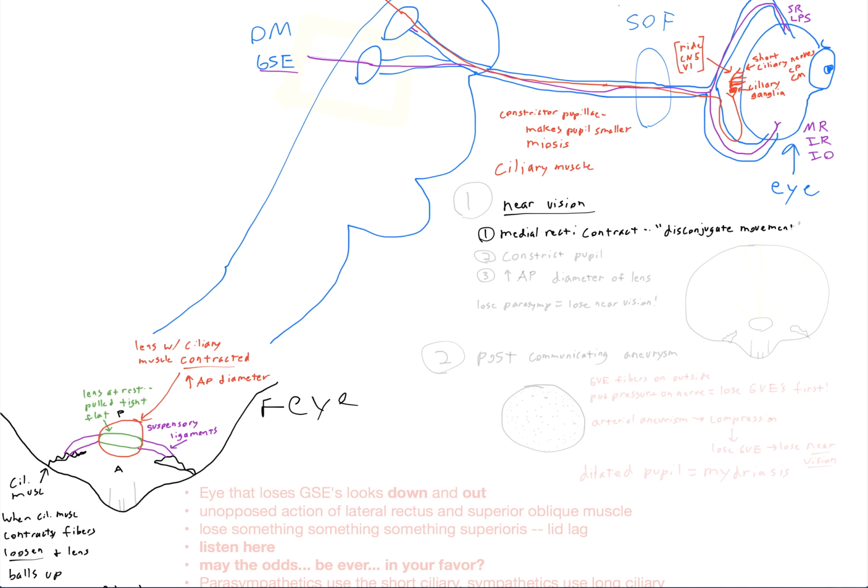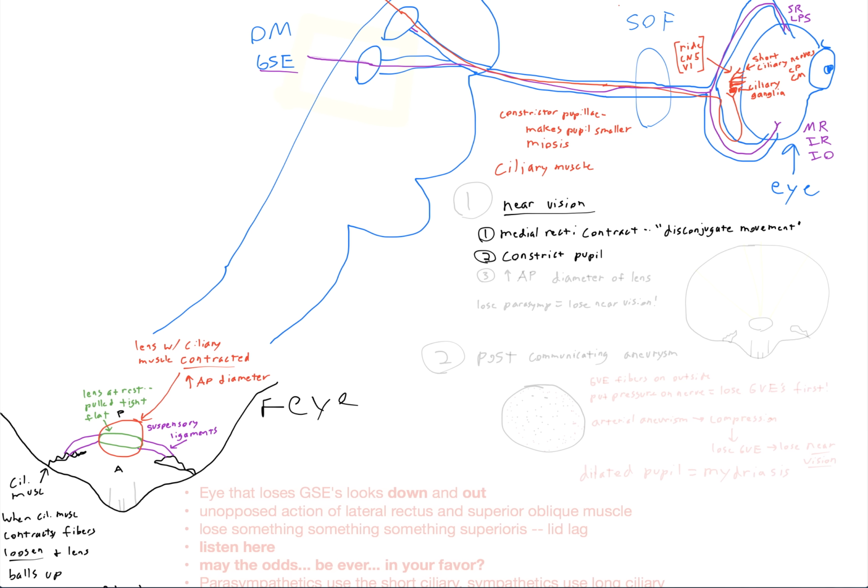The other thing that has to happen is you have to constrict your pupil. Your pupil changes the amount of light that enters to the lens.